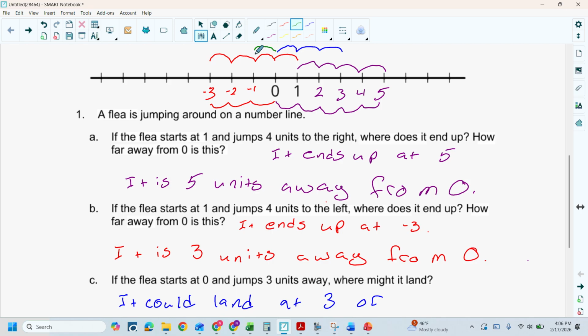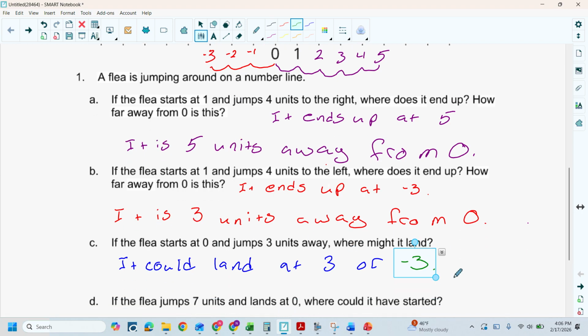Well, if it went left, 1, 2, 3, then -3. So it could land at 3 or -3. So it all depends on if it went right or left. It didn't tell us which way it went.